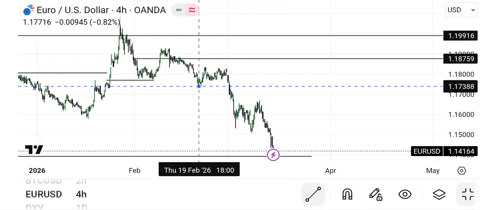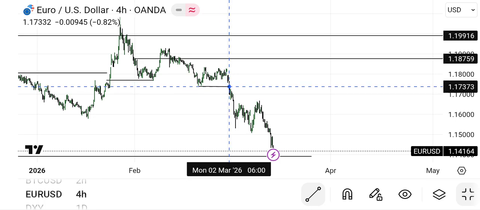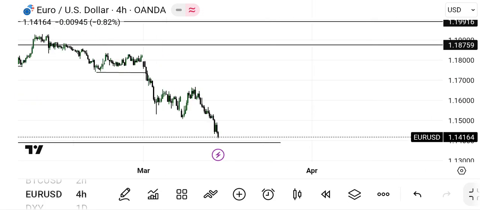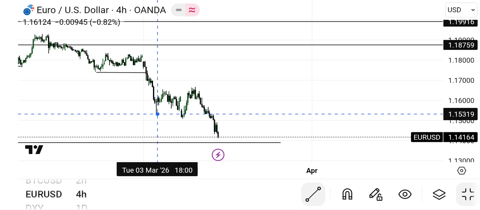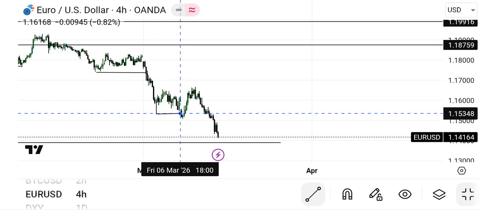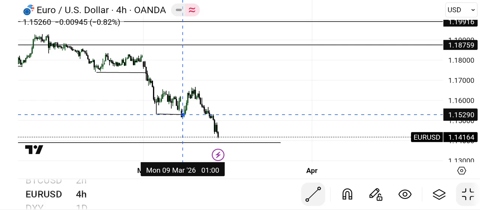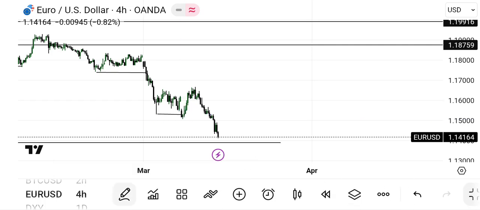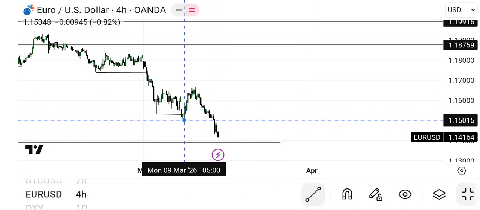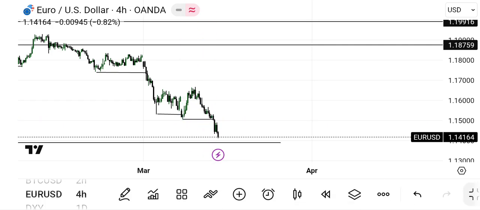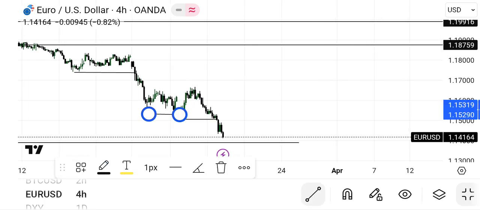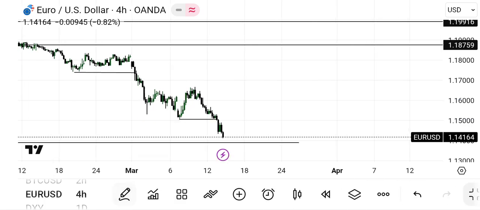You had taken this break of structure here, another break of structure here, and you have this last break of structure. That's the last break of structure before the market pushed to the downside.